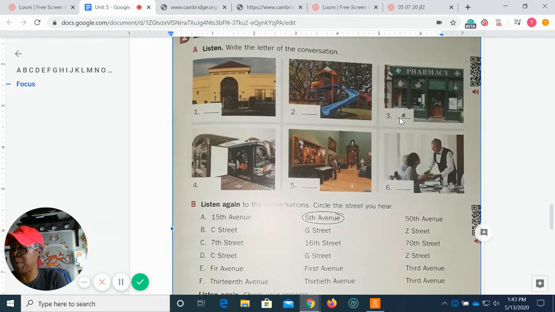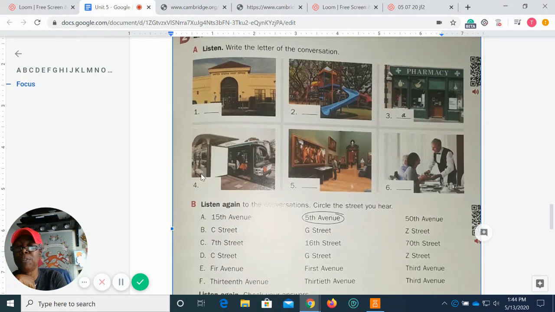Let's go with conversation B. What number is conversation B? Conversation B is number 5. Conversation C is number 1.